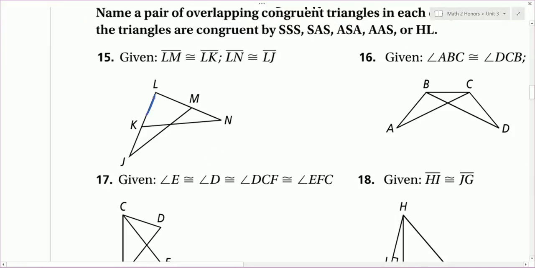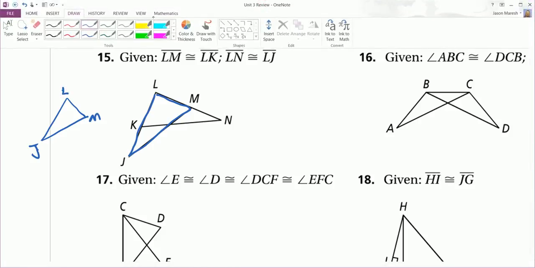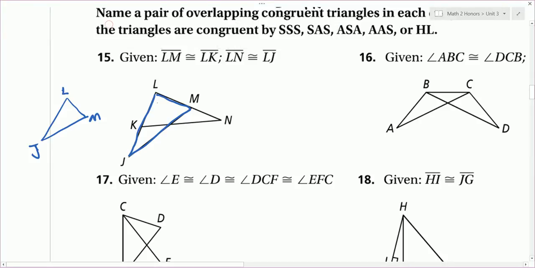And so when I'm highlighting in blue, here's J, M, and L. And then the other one, I'll trace in green.